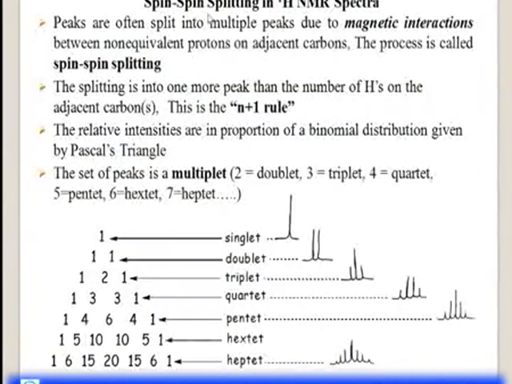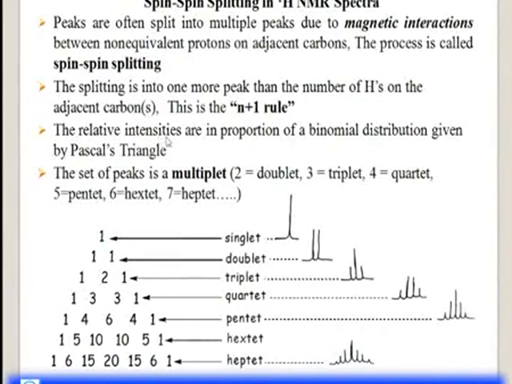And what is that? Peaks are often split into multiplet peaks due to magnetic interaction between non-equivalent protons on adjacent carbons, and this process is called spin splitting. The splitting is into one more peak than the number of hydrogens on the adjacent carbons, and this is the n+1 rule.